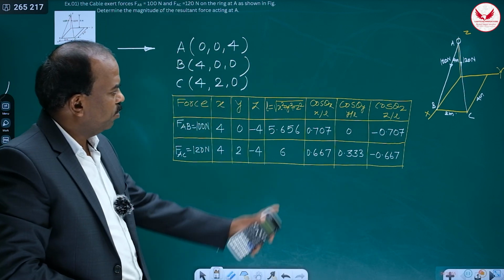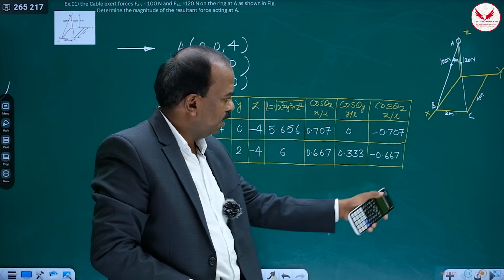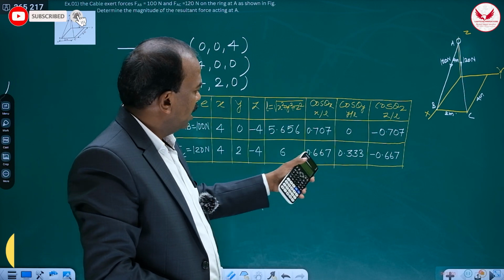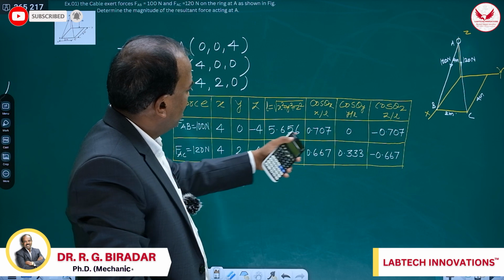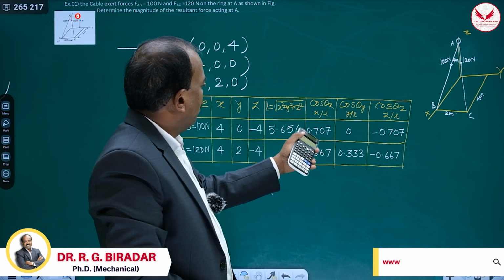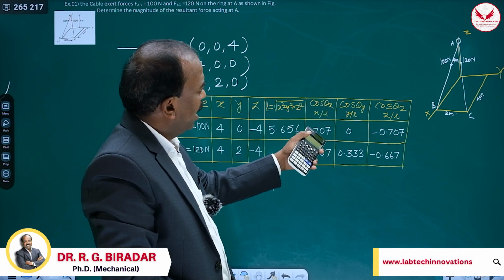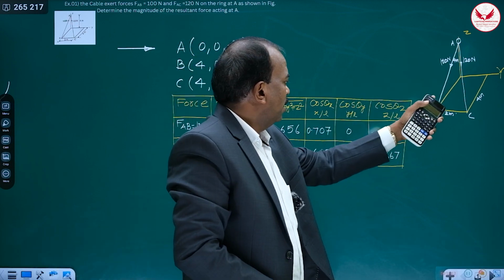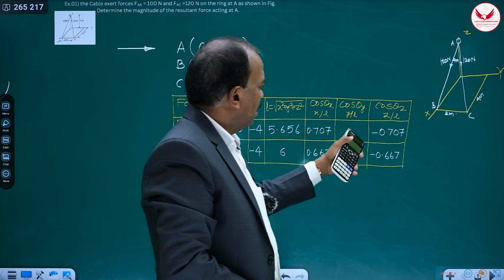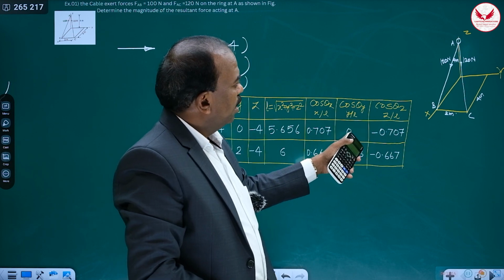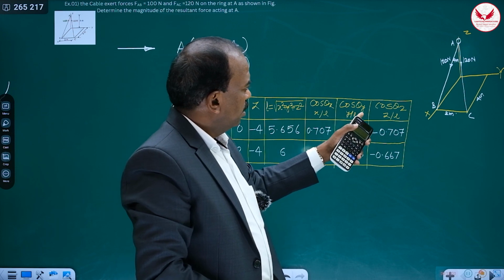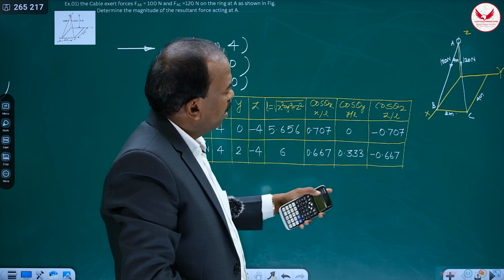And the speciality of this cos theta x, cos theta y, cos theta z is what? These are the direction cosines. Whatever this AB force is, this much fraction is acting in the x direction. Actually it is in the xz plane. See, in y direction, it is 0.